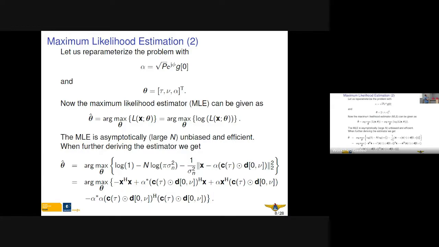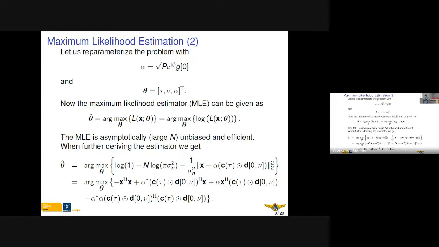Yeah, the MLE is asymptotically, for large n, unbiased and efficient. I explained that already before, but unbiased means that the expectation of the estimation error, theta hat minus theta, is 0.